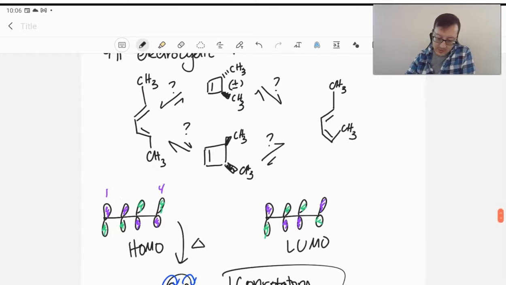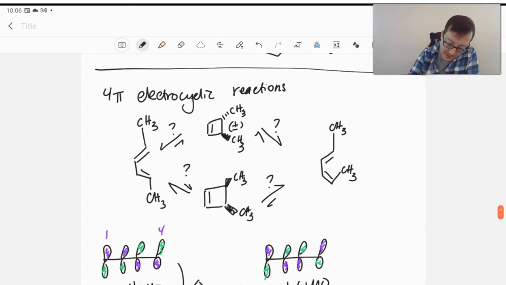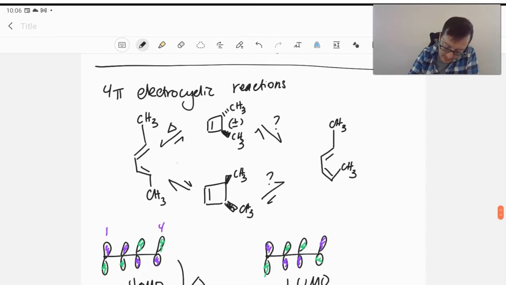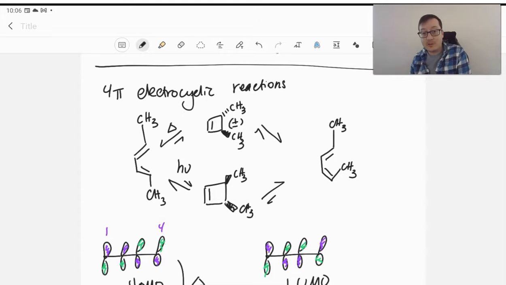And so, if we wanted to fill this in, on top is our thermal process, and we end up with our opposite processes there. And then again, if we were to do the reverse reaction, if we want them to be on the syn side, we would need UV light, and then thermal if they are syn and we want them to remain syn, because that one's the conrotatory.